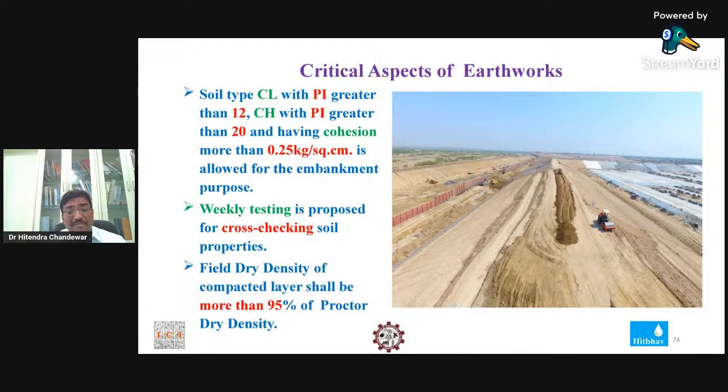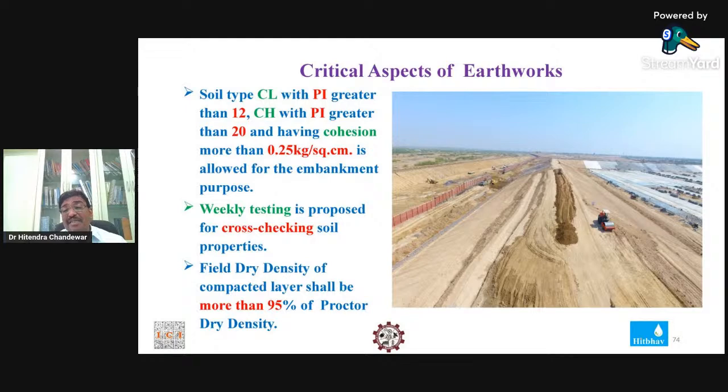That was the protocol issued for the site. And for the field density, again stringent criteria were issued for the site people: the density shall be more than 95% of the proctor density. Before going for another layer of embankment, they have to check the newly constructed layer to see whether the field density is more than 90% of the PDD.